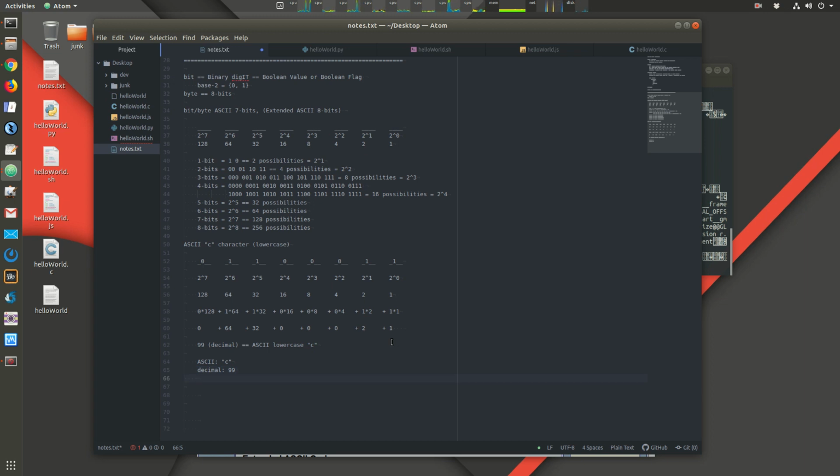In hexadecimal, this is 63, and in binary, this is 01100011.